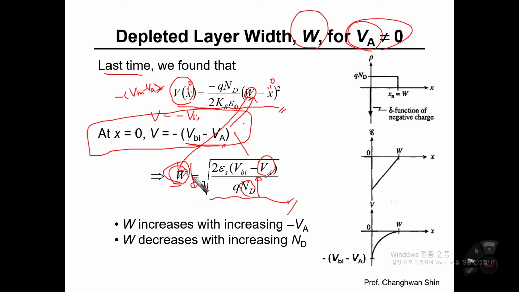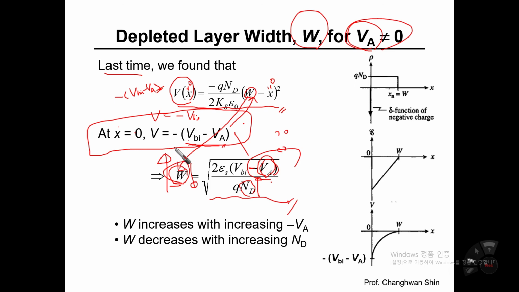So what is that? With forward bias, the depletion layer becomes narrow. But with reverse bias, V sub A is negative. If this value is negative, then there is a minus sign, so the total value is positive, so W is increased. So in other words, for a given MS diode, if we apply negative bias onto the metal side, or the MS diode is reverse biased, then the depletion width becomes wider.